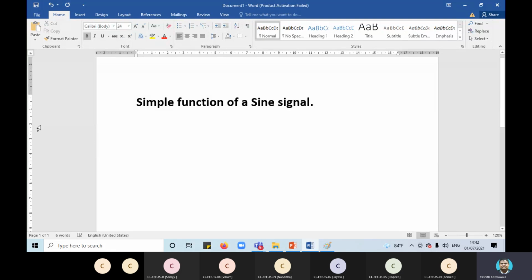Right, so if we come with a simple heading, simple function of a sine signal.